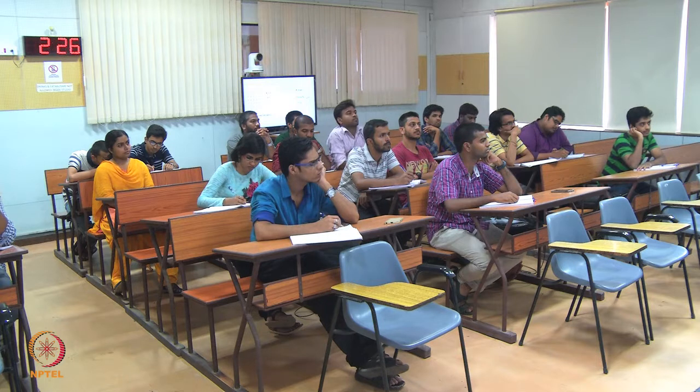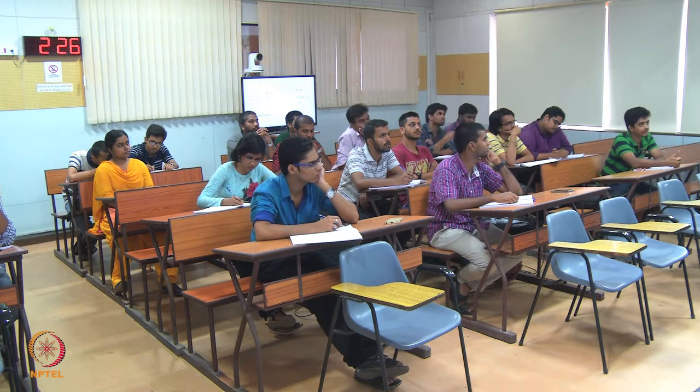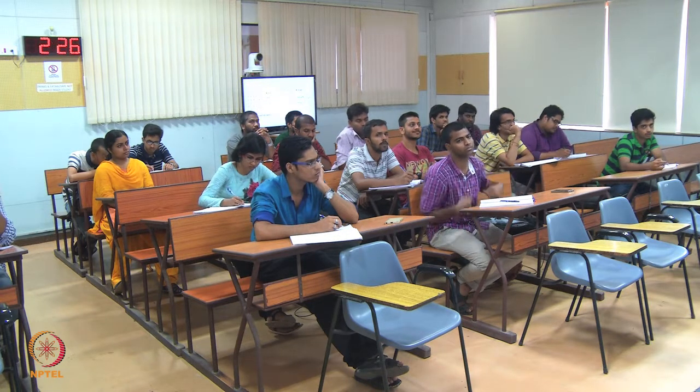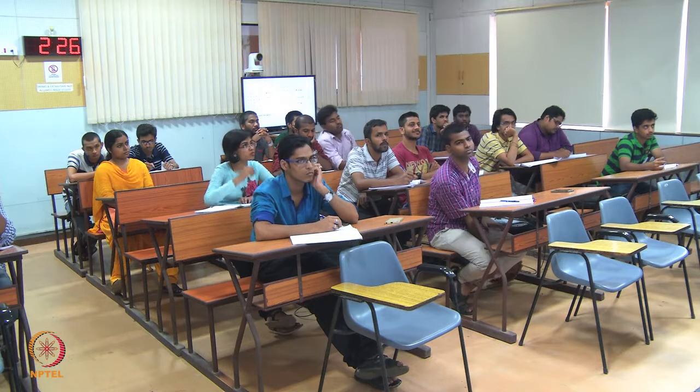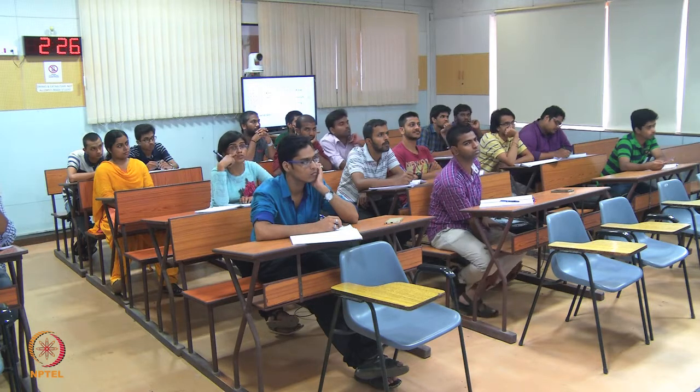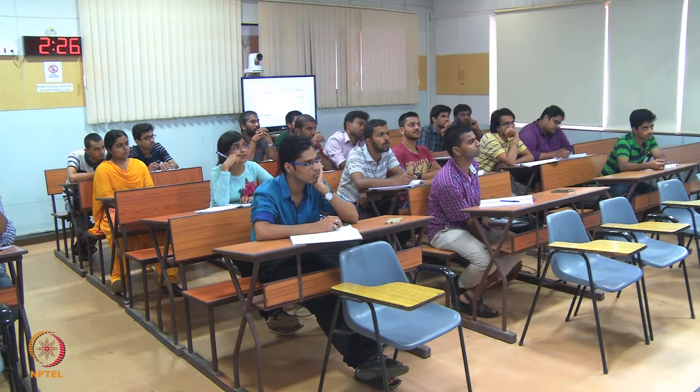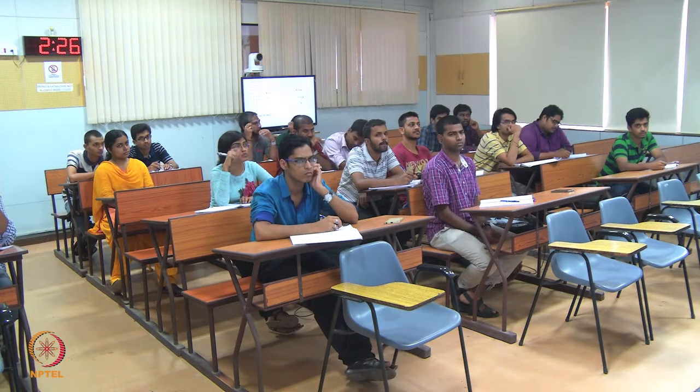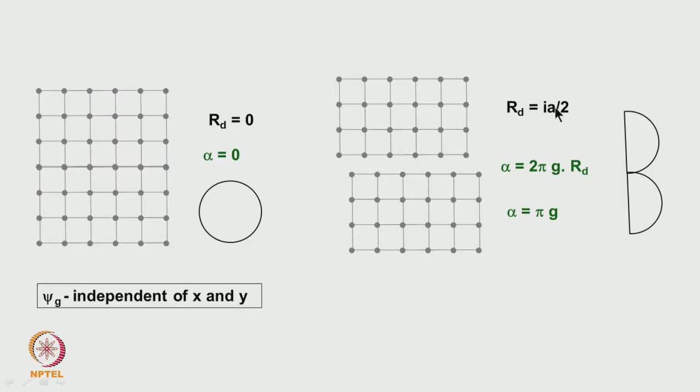G is a reciprocal lattice vector. Yes, but diffraction vector, any diffraction vector. So if it is 110, then what will happen? You tell me if it is going to be 110, then what will become G? We will take mod of G. Yeah. See, here that value which you have to take, it is this R D which you are taking, in whichever units you take it.